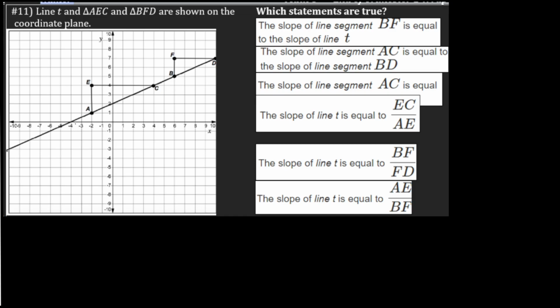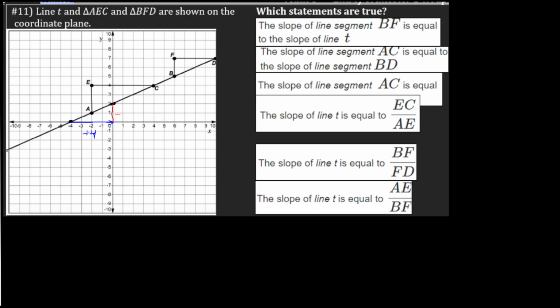So the slope of line T, I could say if I go from one point to the next, I can find my length. If I need to draw a new one, I go 1, 2, 3, 4 steps left. So plus 4, and my change in y is plus 2.